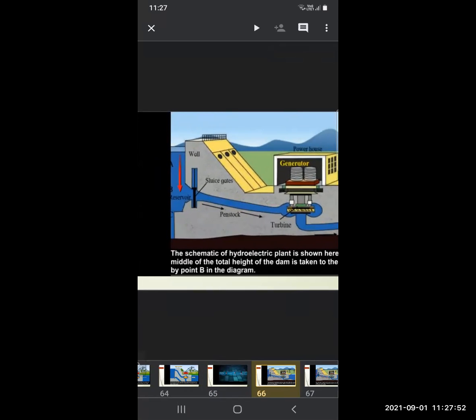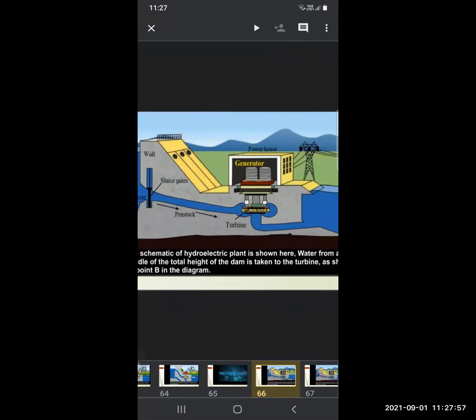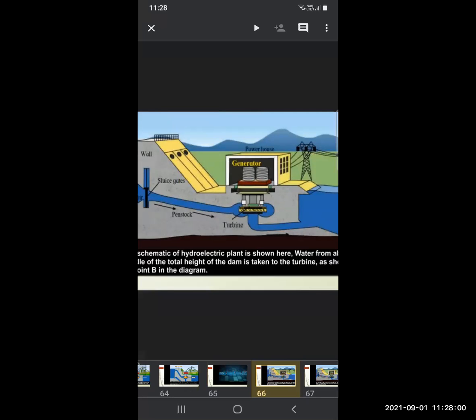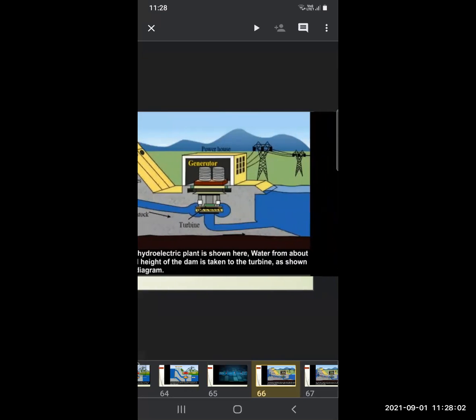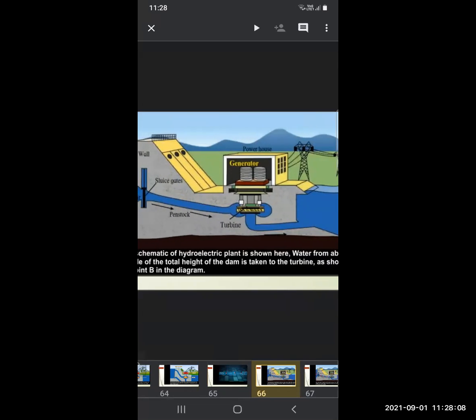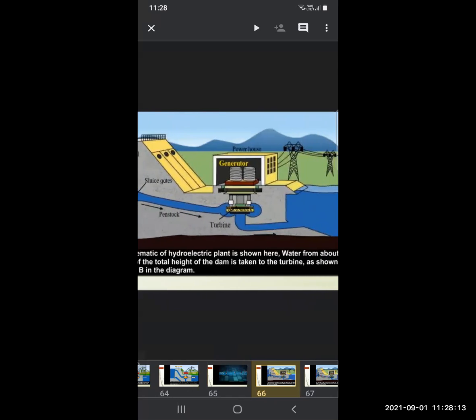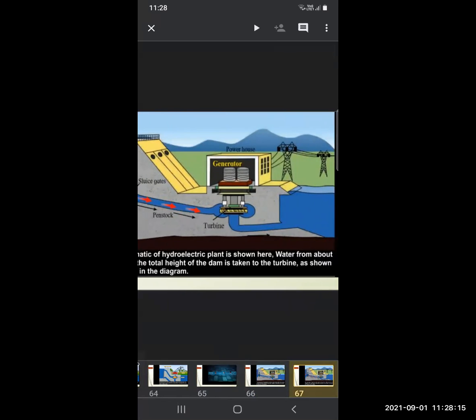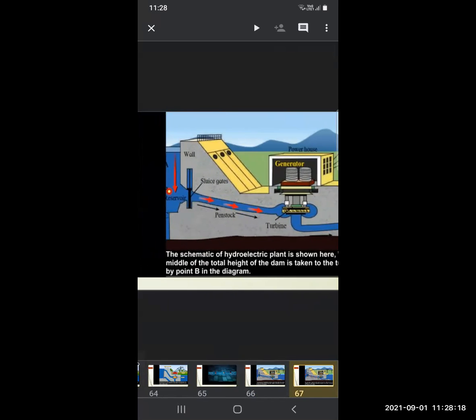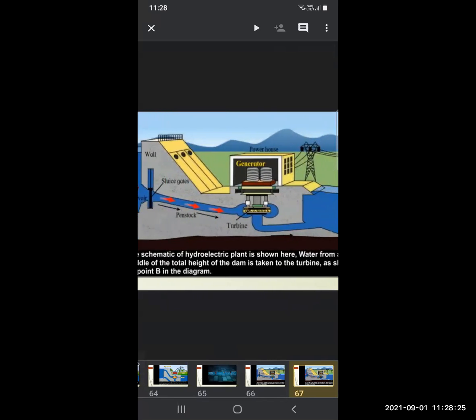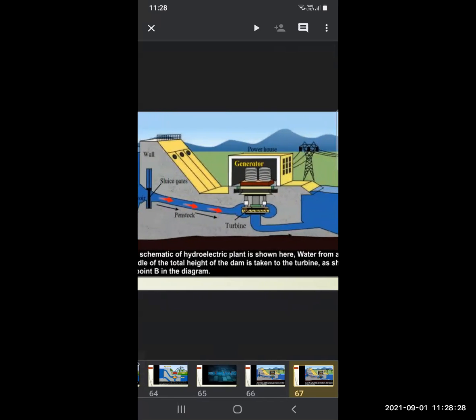So reservoir का पानी ऐसे लेकर, then it goes to the turbine and generator, this is the powerhouse, and this way the electricity is generated. The flow is coming like this, and the turbine blades are rotating.